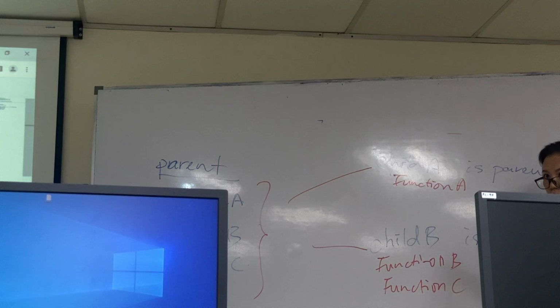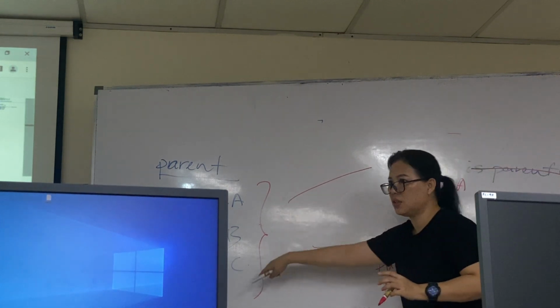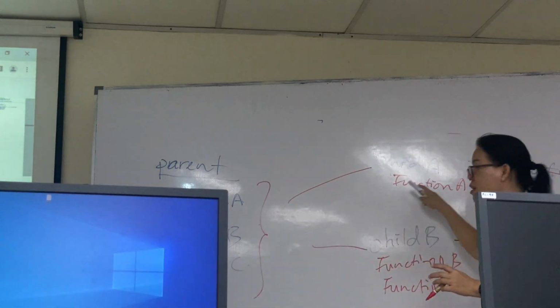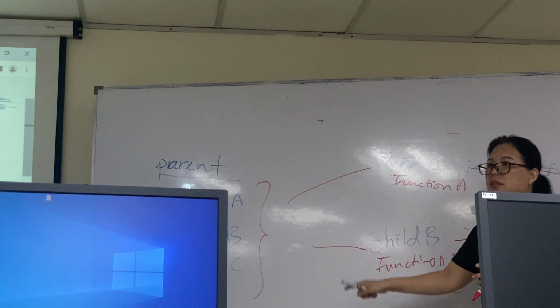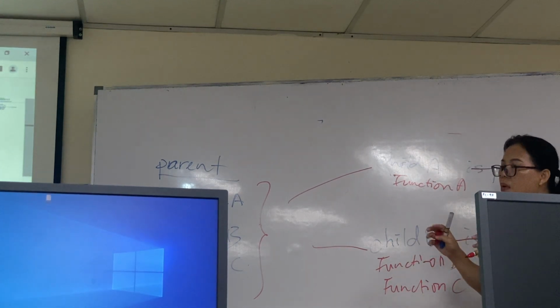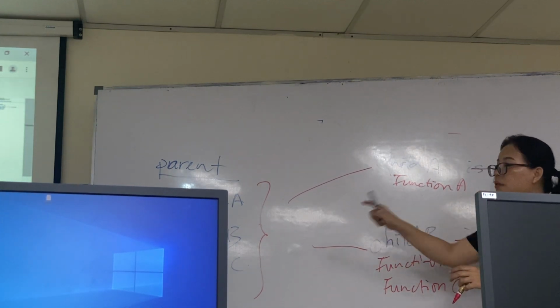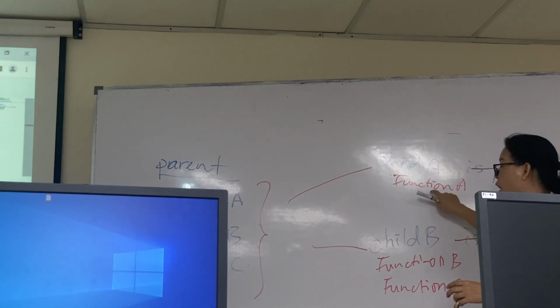You're going to control that child A and child B are different. If you are using its parent, it means all the functions inside the parent can be inherited by every child. Every child can access this. But in terms of controlling, certain functions cannot be accessed by child A.